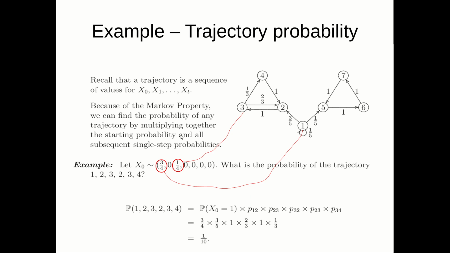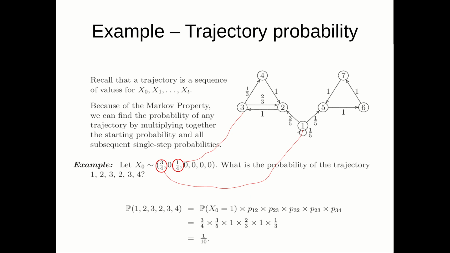Okay, now let us consider something different. Let us consider so-called trajectory probabilities. Recall that a trajectory is a sequence of values x0, x1 up to xt. And because of this very nice and neat Markov property, we can find the probability of any trajectory by multiplying together the starting probability and all subsequent single step probabilities.